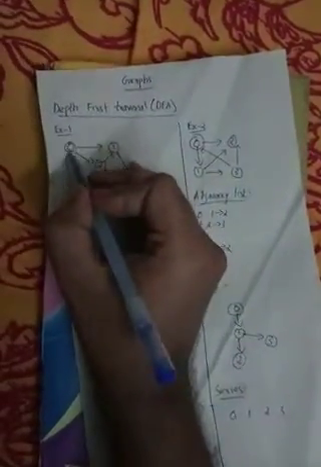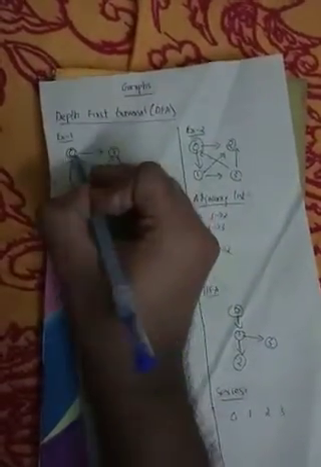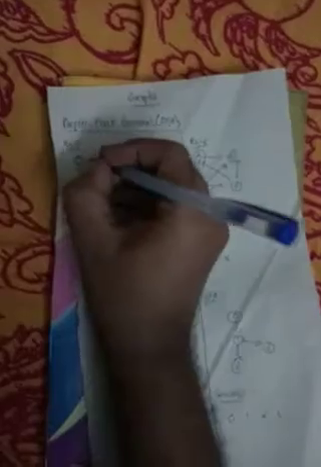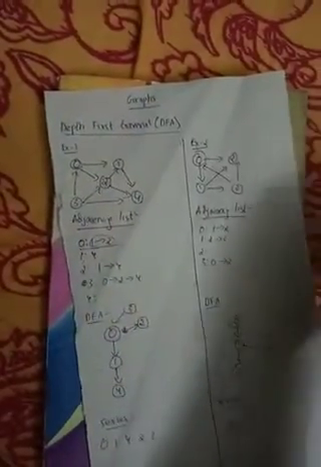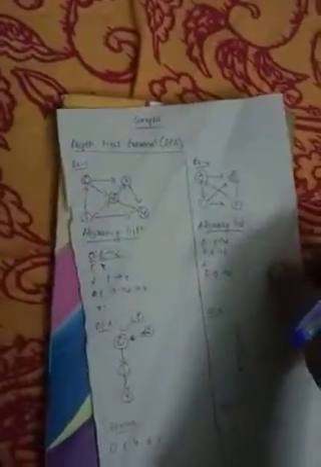This node consists of its name, its label, and its adjacency list. In this node class we'll have control over its label and its adjacency list. So we'll require a node class.